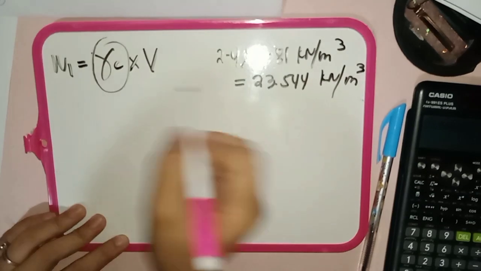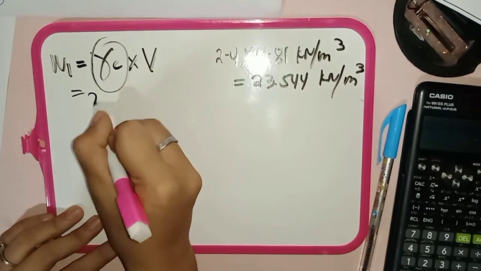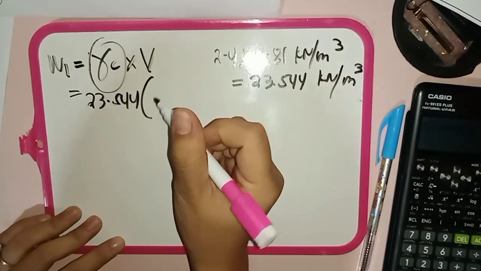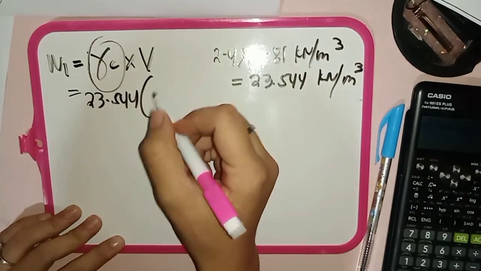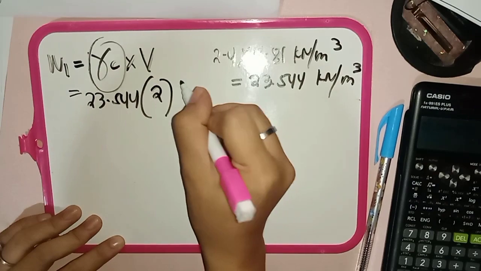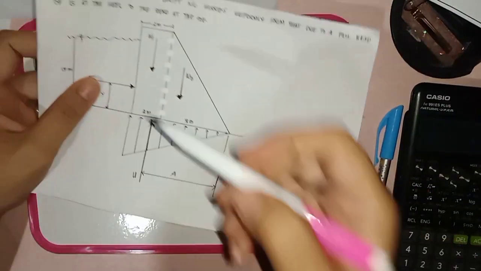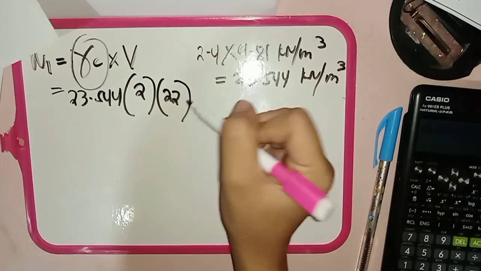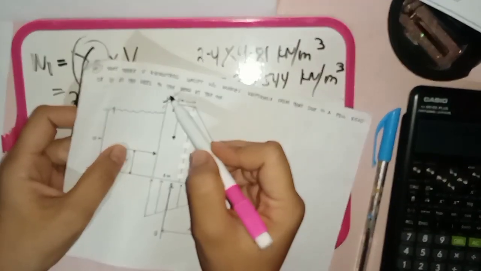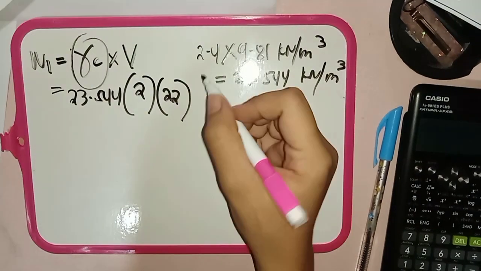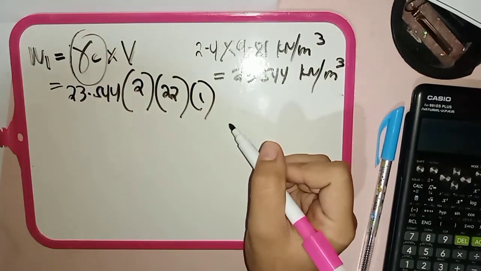And then we just use 23.544 times the volume, with the 2 and the height of 22, and then the 1 meter length.